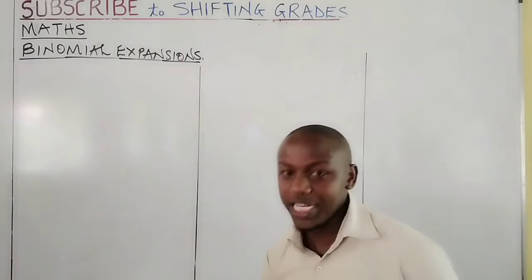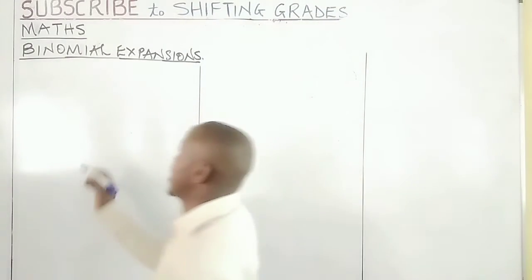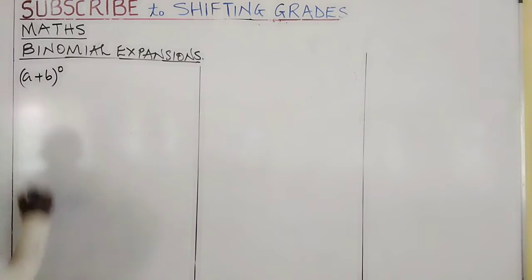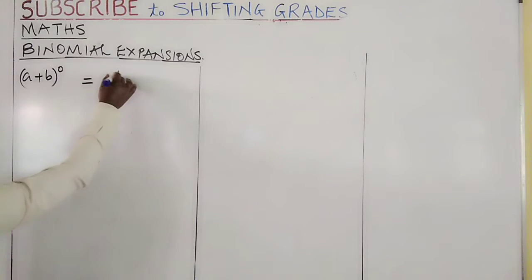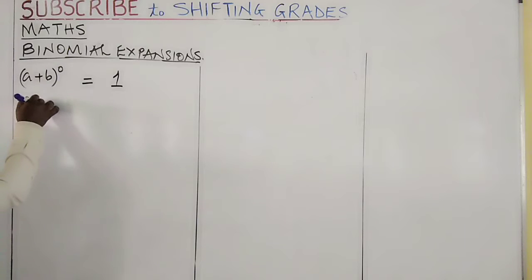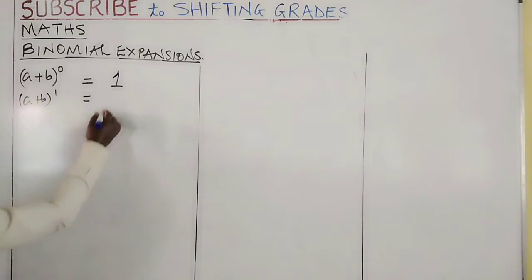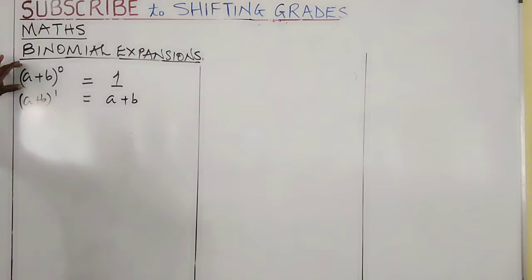So we can consider a binomial expression like a plus b raised to different powers. Raised to 0, we know that any number raised to 0 is 1. A plus b raised to 1, any number raised to 1 remains itself. These are according to the laws of indices.